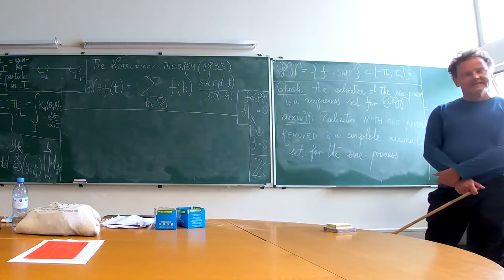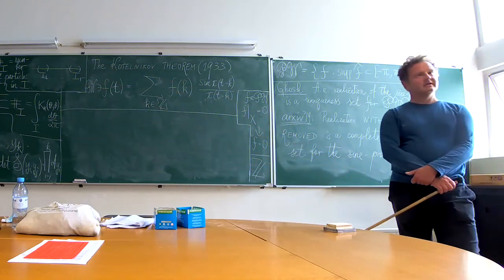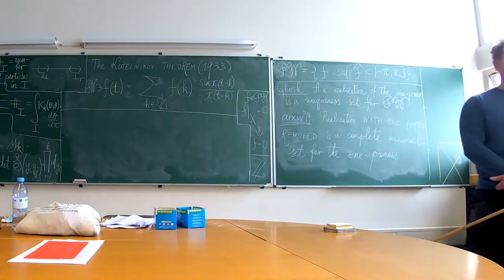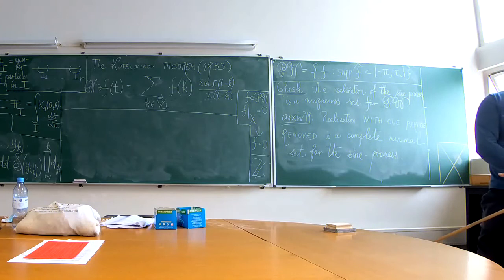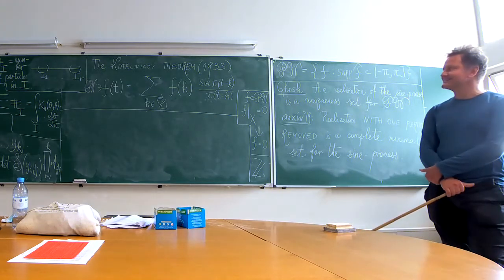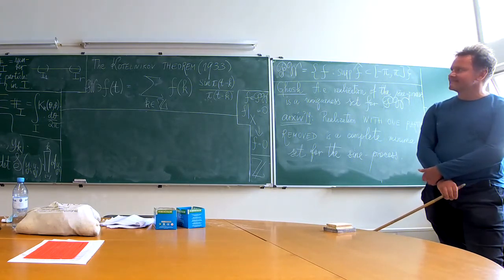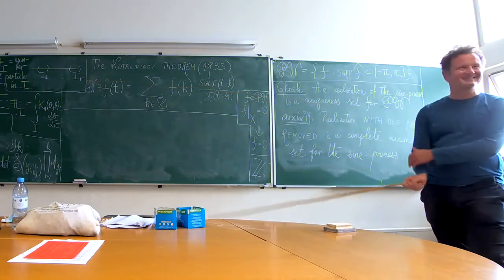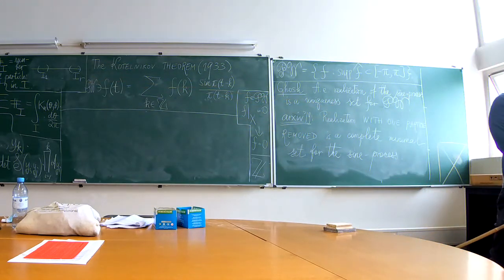Configuration is a subset of the space, only subsets of R. And I'm just counting the number of particles in it. Number of particles, okay.